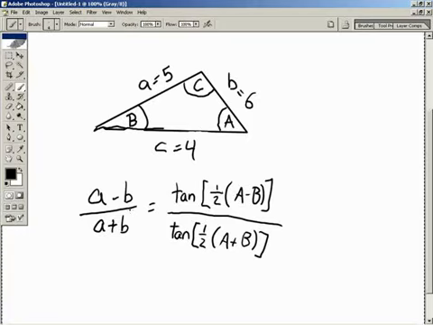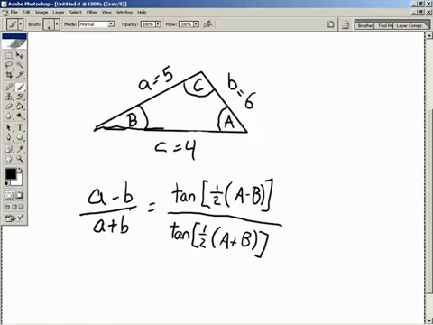It has division in it, subtraction, a whole lot of confusing stuff. And like the law of cosines, you can replace every A with a C or every B with a C and get two other versions of it, all of which are equivalent. They're all saying the same thing.